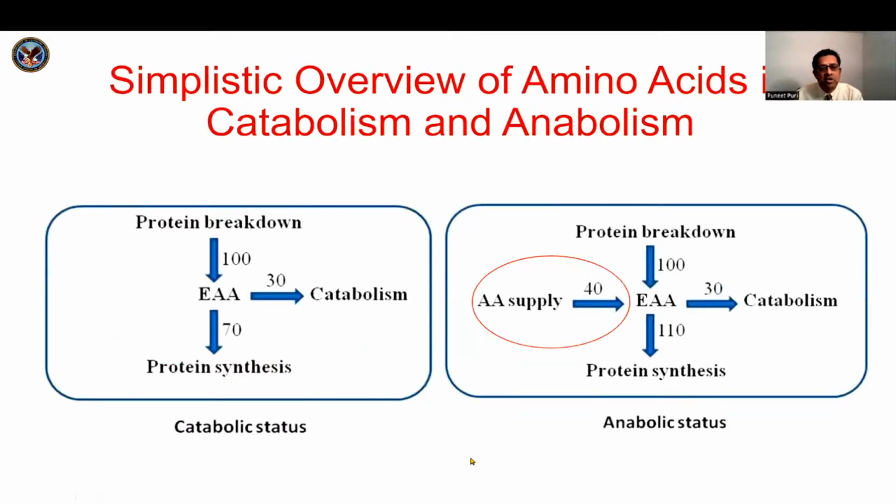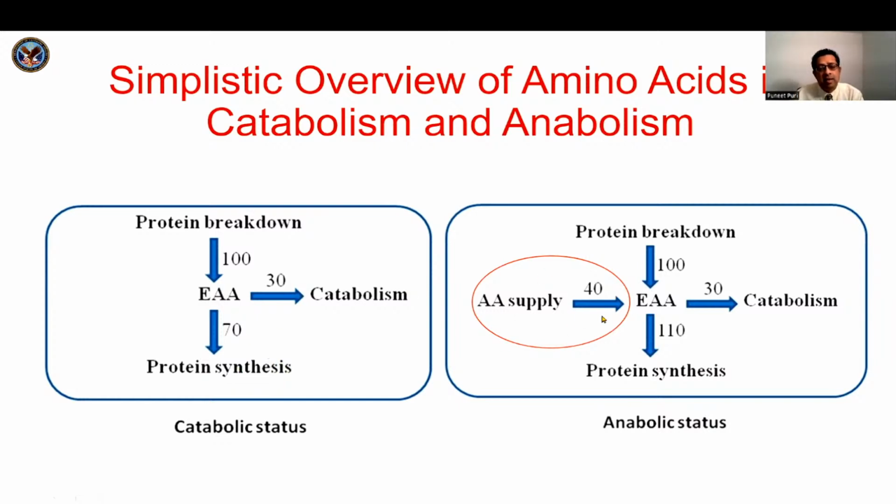So how could we change this catabolic state into an anabolic state? It's just a simplistic overview of how protein, or amino acids, can shift this status. Generally, protein breakdown leads to essential amino acids, and for protein synthesis and catabolism, there is a 30% shift towards catabolism, and for synthesis, it is a 30% depletion.